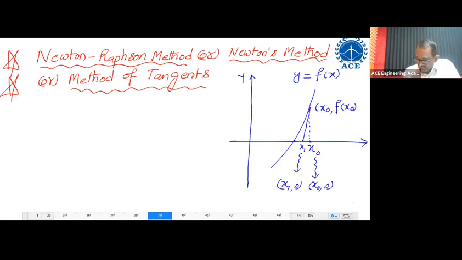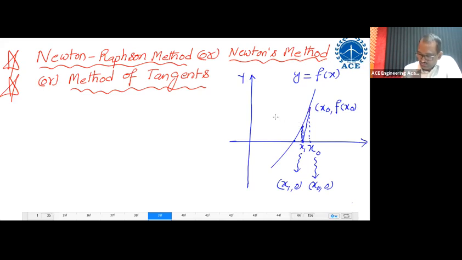At this point, if you go down vertically, you cannot reach the curve. If you go up vertically, you can reach the curve. So I have gone vertically and reached the curve. This point's x coordinate is also x1, because both points lie on the same line.